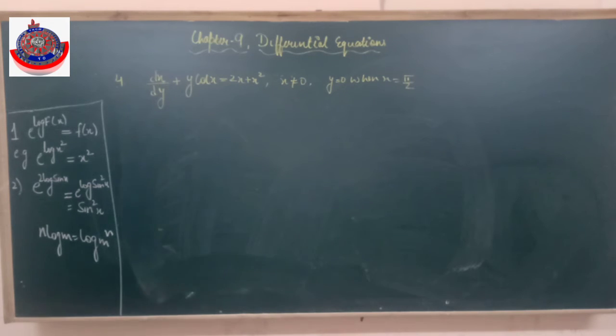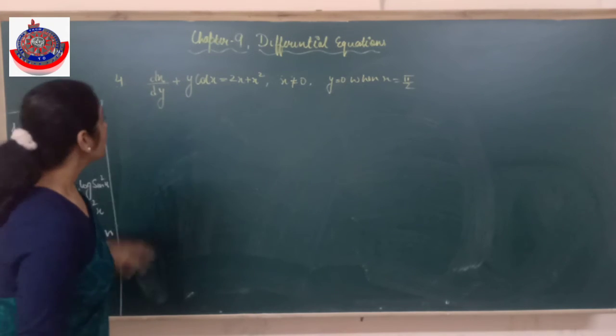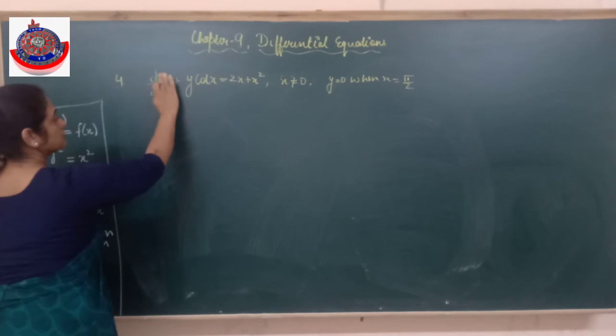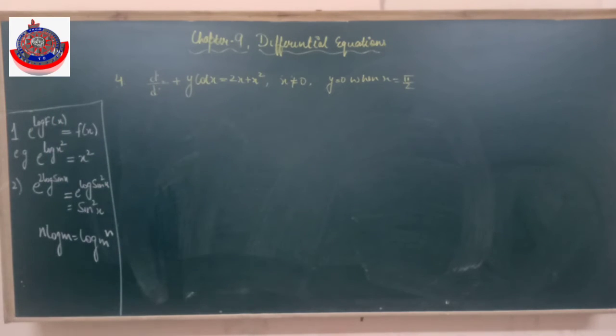Alright. Now clearly this is in the form of dy upon dx, I have copied it wrong. Dx upon dy, sorry. Wait. This is written wrong because that's not possible.